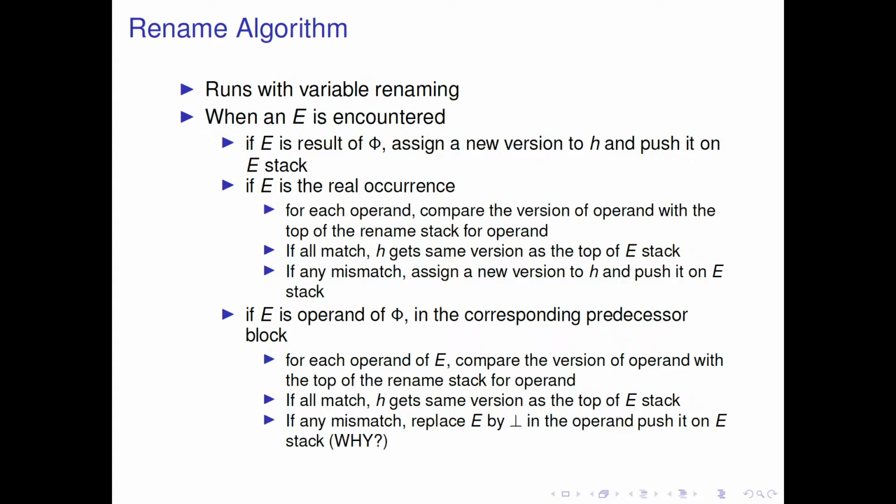So if there is a mismatch between the argument you have in your hand and the argument on top of the stack, that means on that path the argument has changed after the last computation of E, which means on that path E is not even available, not at all available. So you say E is not available, forget partial availability, E is not at all there on that path. So you push a bot and you also push it on the E stack.